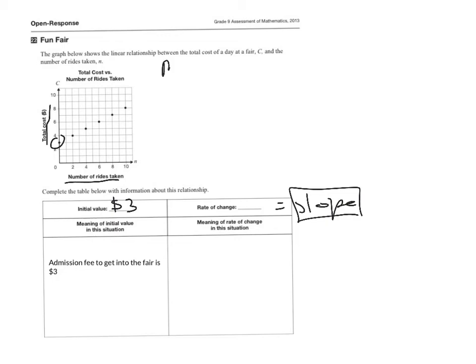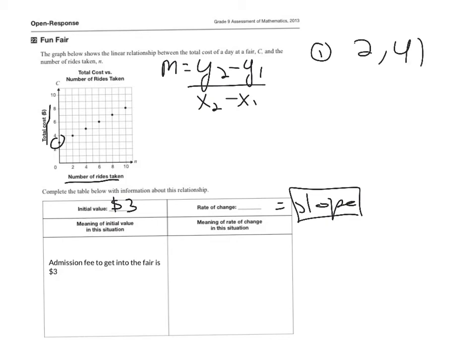So I know my slope is y2 take away y1 over x2 take away x1. One point for me, I will use (2, 4). Make sure you put the bottom number as the x. And my second point for me, I will use (0, 3). So make sure this is x.